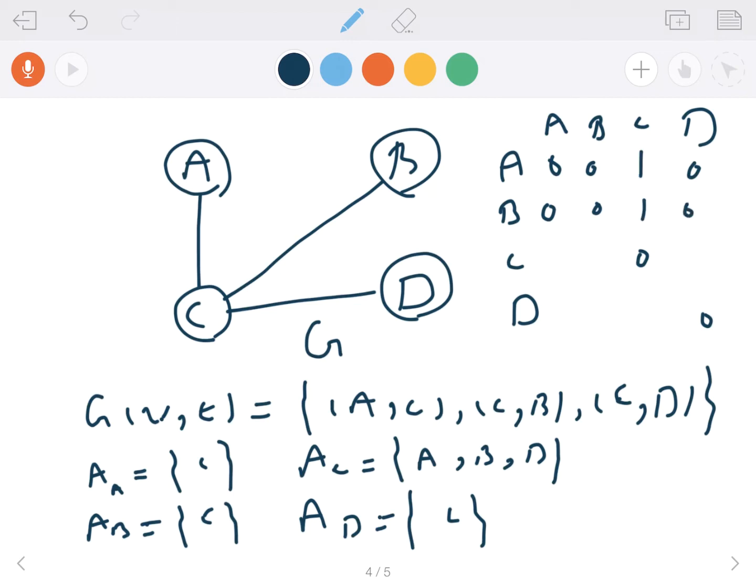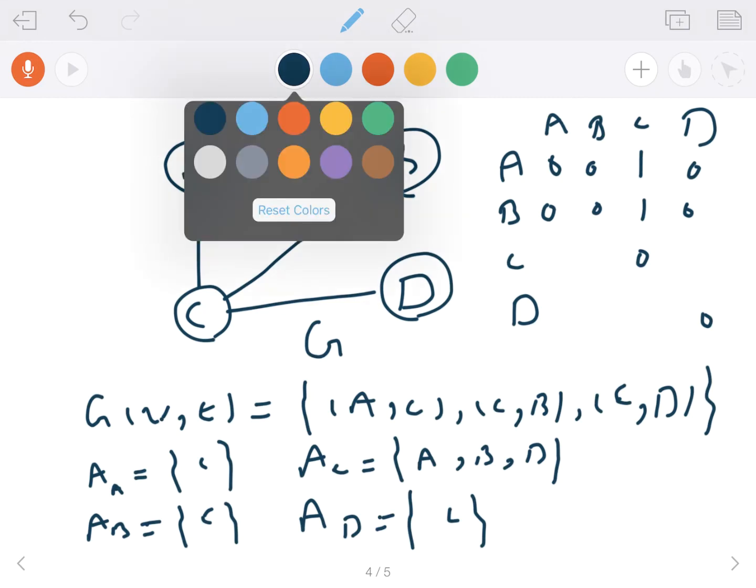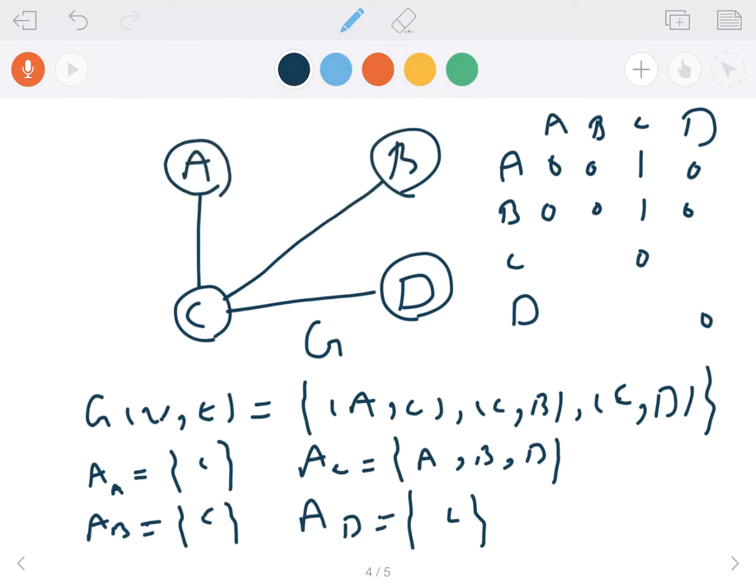And there's an edge from C to A, from C to B, no edge from C to C, and also from C to D. And there's one edge from D to C. So that's our adjacency matrix.